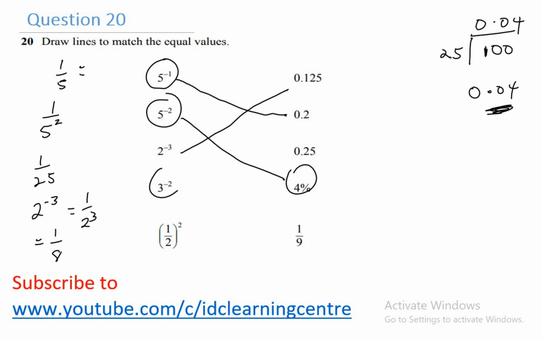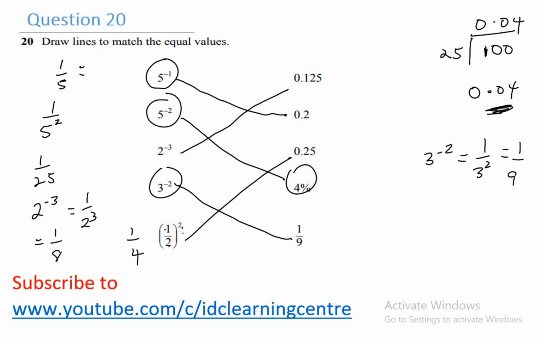While for this, 3 raised to the power minus 2 is the same as 1 over 3 squared, which is 1 over 9. So this one has been sorted. The last one will just be this to this. We can also prove it. 1 square is 1. 2 square, 2 times 2 is 4. 1 divided by 4 is 0.25.